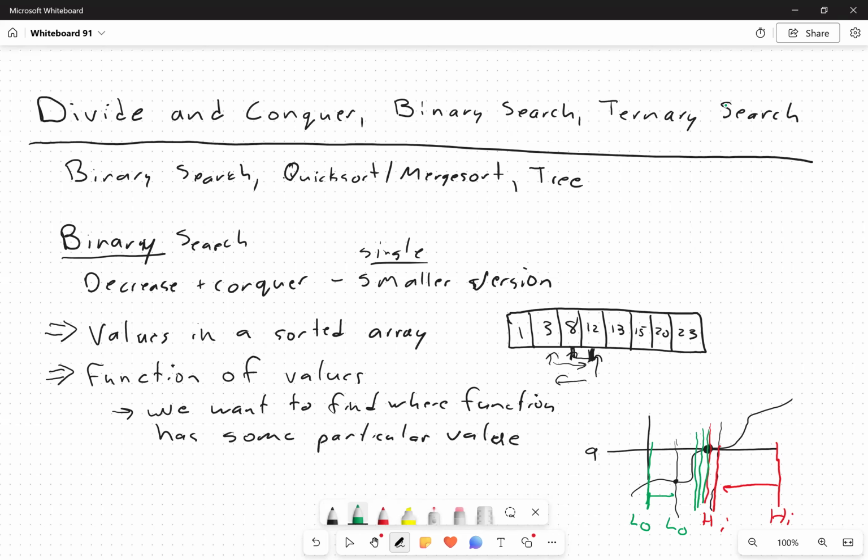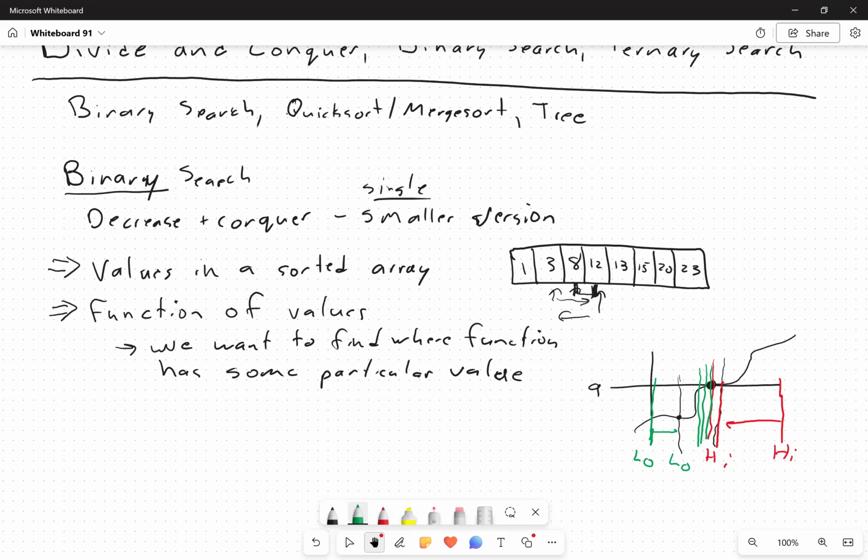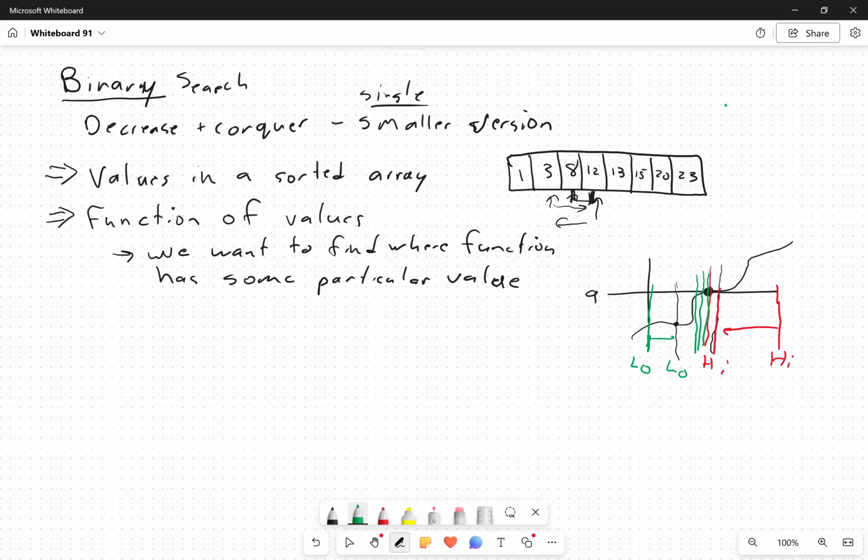So this is something that you should be very familiar with already from math classes, calculus, and other things, where you're trying to do root finding for a function. And you probably learned Newton's method, where you look at the derivative of the function and so on. We're not going to do that. It's just a very simple process of honing in on the function.